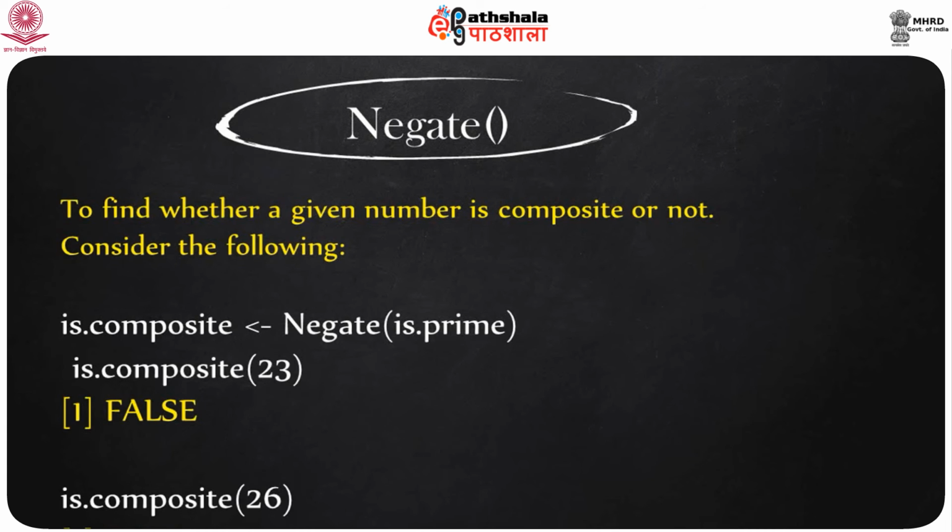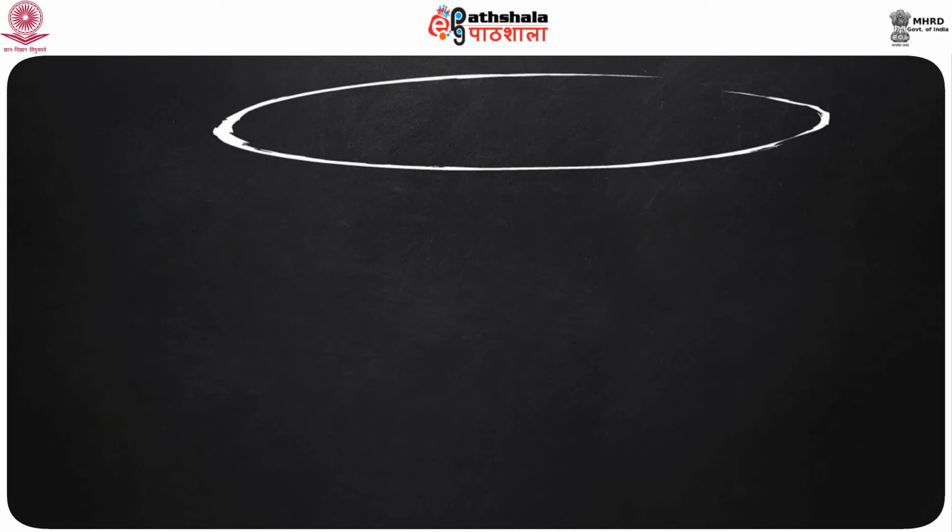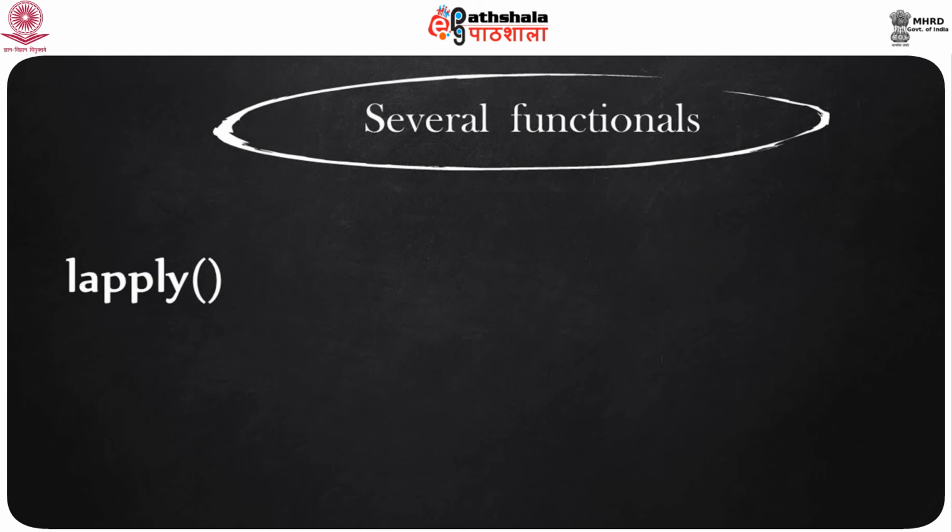So, as I stated in the very beginning, all of you are familiar with some kinds of functionals. The three functionals that are used most frequently are lapply, apply and tapply. All these take a function as input among other things and return a vector as output. That is why this is called a functional.